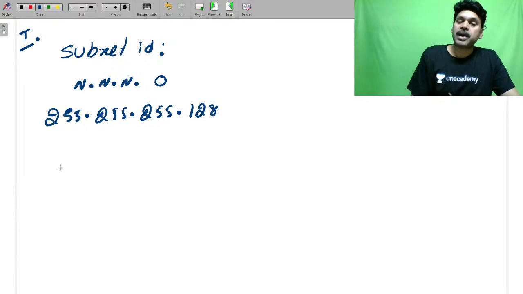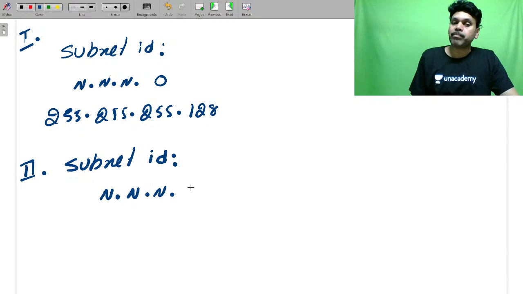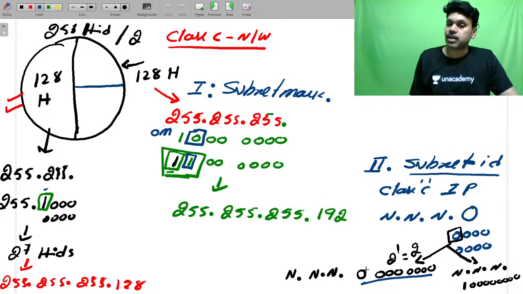So our first part got completed. Let us come to the second part. What is your second part? The subnet ID: you have taken n n n, and what combination did you choose? As you chose 0 before, now I need to opt for 1. There is no other way, because with 2 power 1, only 2 combinations you are going to get.